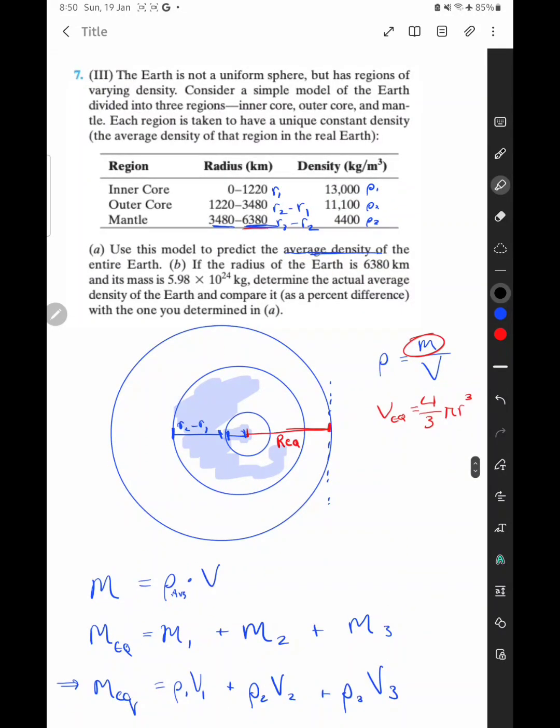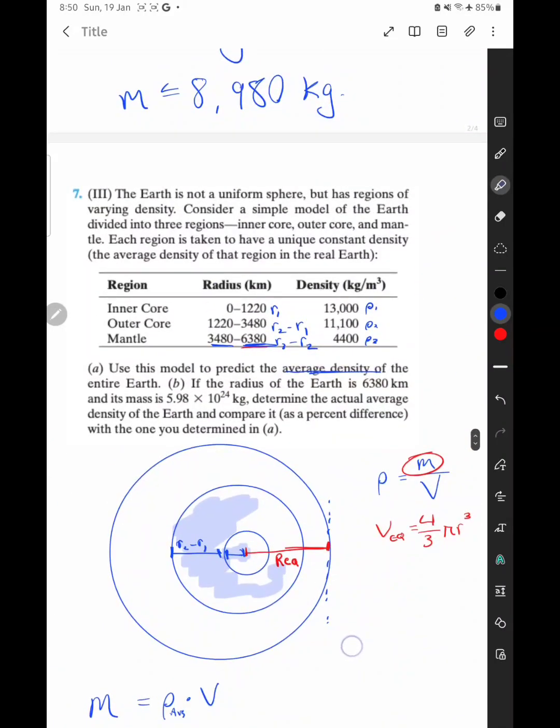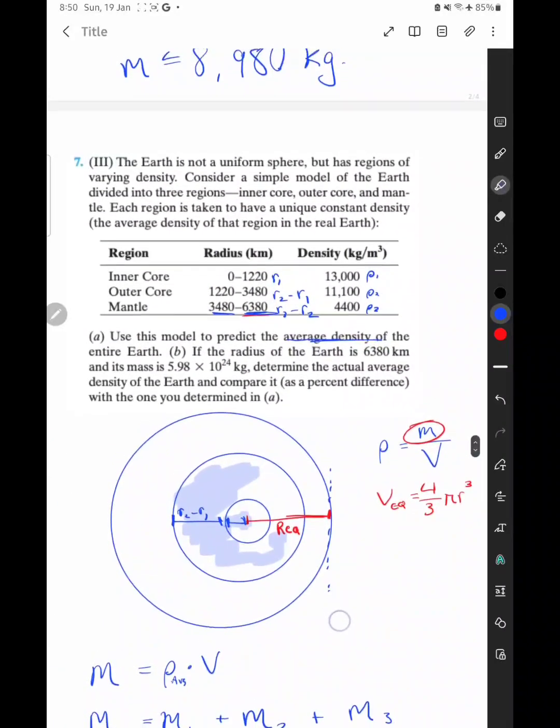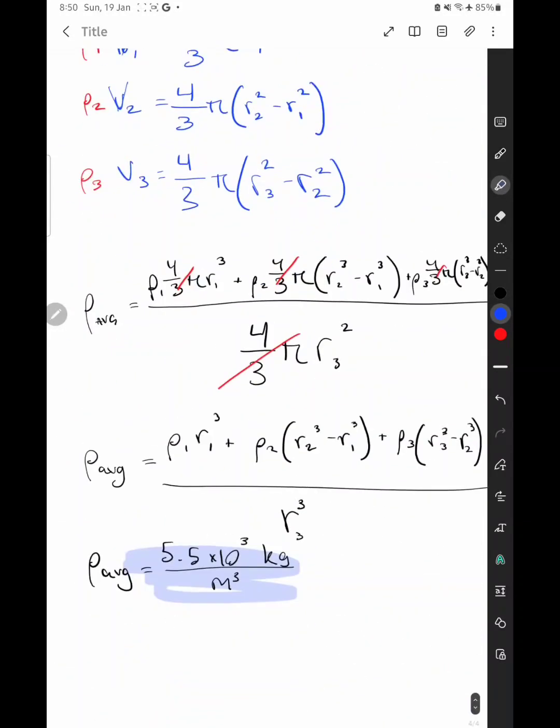Now we just take R. Let's see. We know that the actual mass of the Earth is 5.98 times 10 to the 24th. So, writing with my highlighter again. We know that the actual mass of the Earth is 5.98 times 10 to the 24 kg.